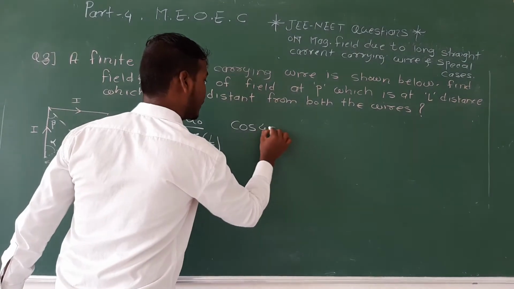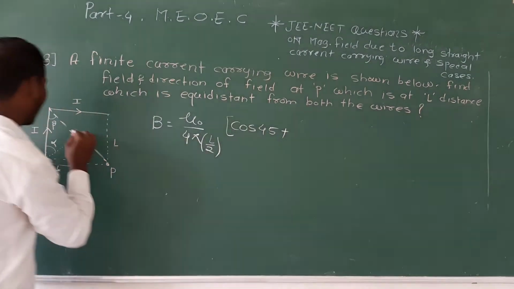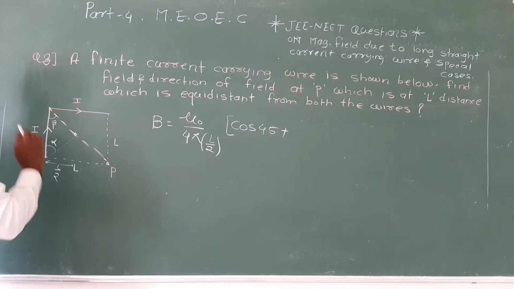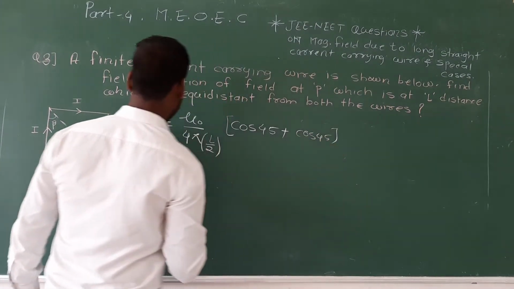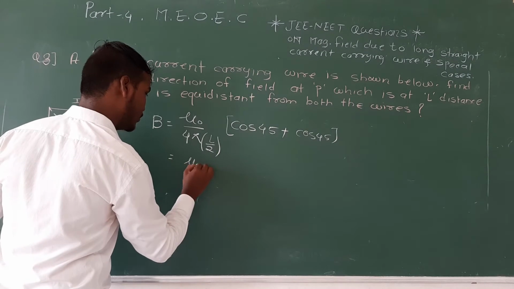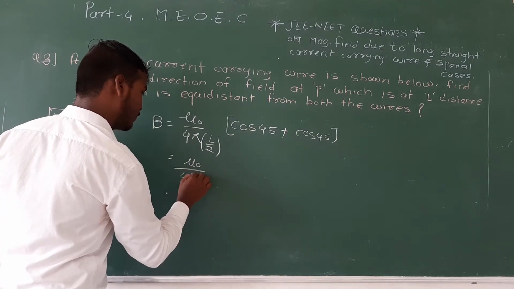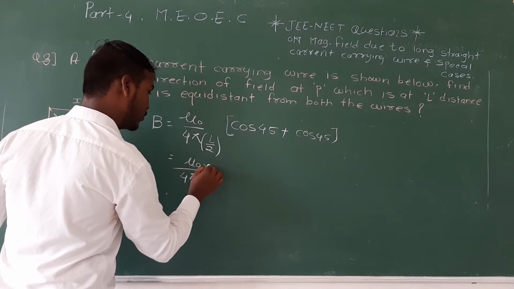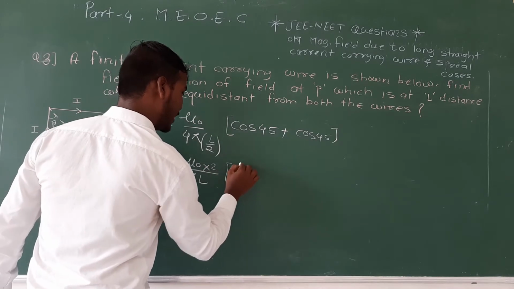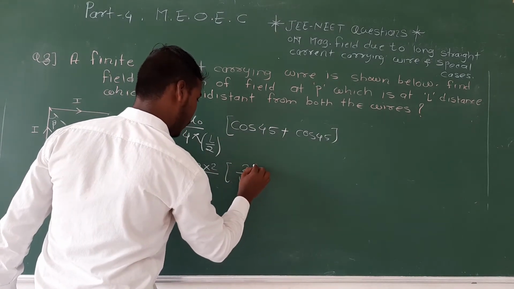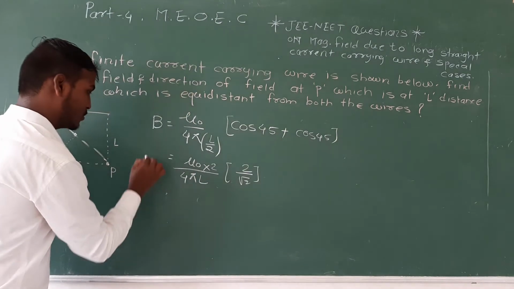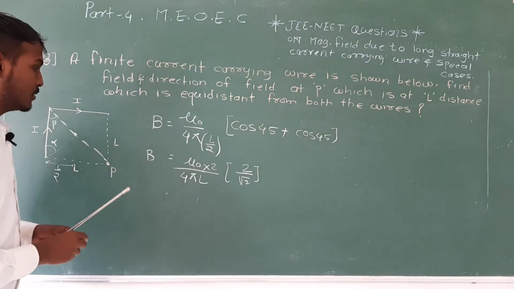Cos 45 plus, again here this is 90, it will be 45, so cos 45. Now it will become μ0 upon 4π L, 2 will go here, in bracket 1 by root 2 plus 1 by root 2 will be 2 by root 2. Okay, so this is the B.